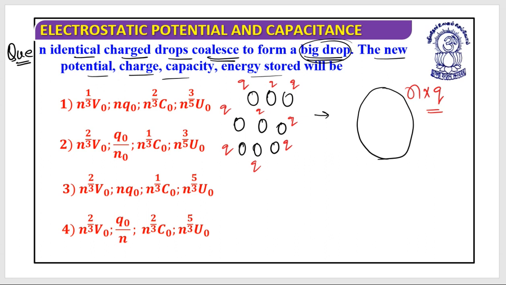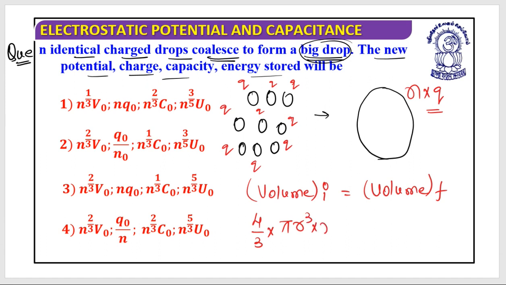Now what else I know is that the volume of the initial system should be equal to the volume of the final system. So it's 4/3 multiplied by pi r cube, multiplied by n number of drops, equal to 4/3 multiplied by pi into R cube.